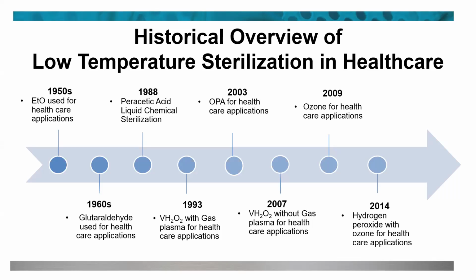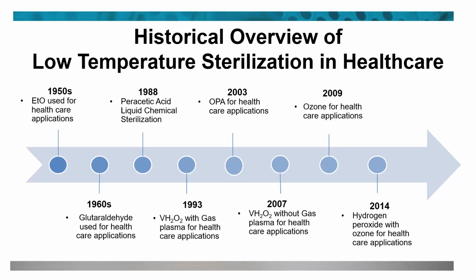In 2007, we see that the first vaporized hydrogen peroxide sterilizer was available, and we knew that you could use it in industry applications. And so they started looking at it, and it also expanded the load weight, the length of the lumen, and the type of items that could be processed in there.